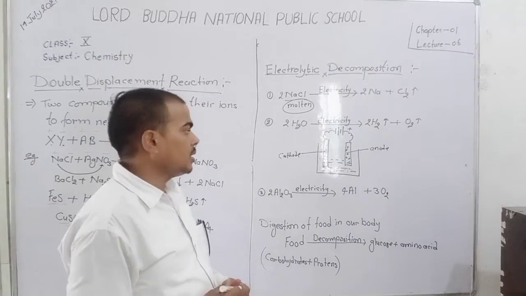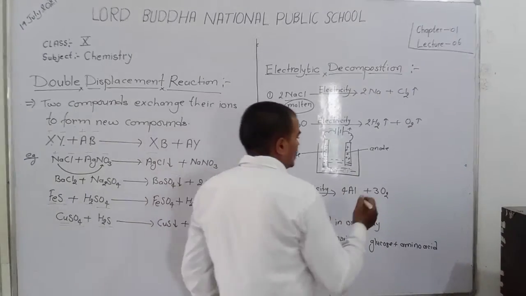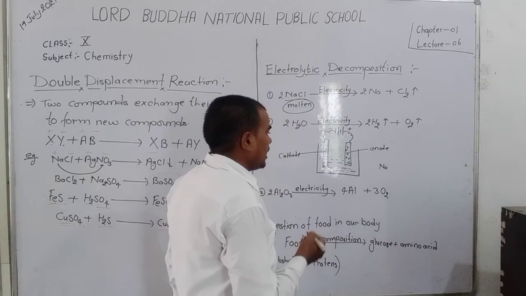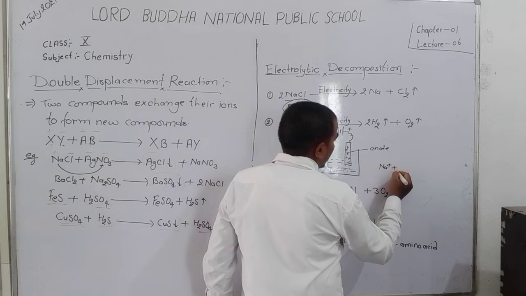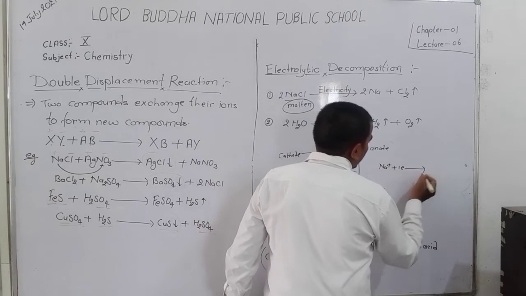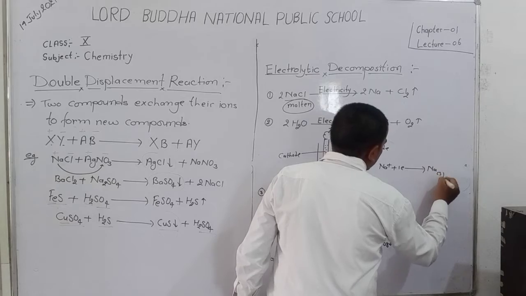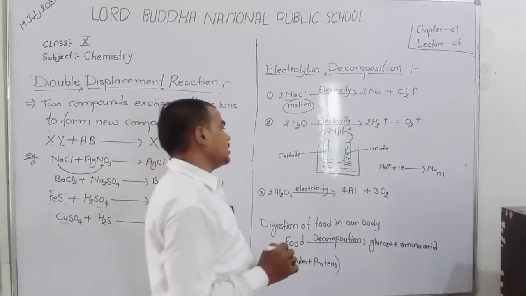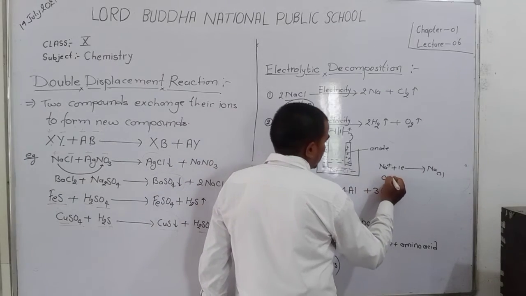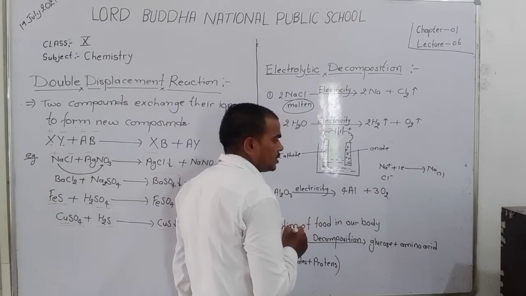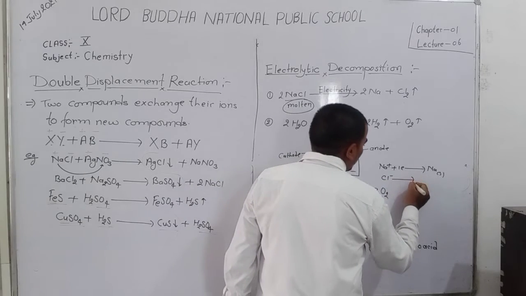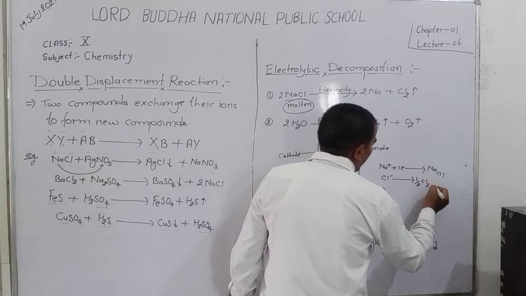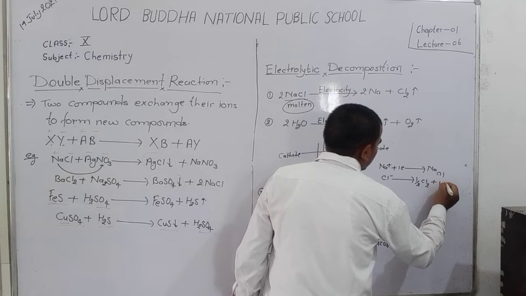Dear student, in NaCl, Na plus gains one electron and converts into solid Na, and the chloride ion, Cl minus, loses one electron and converts into chlorine gas.